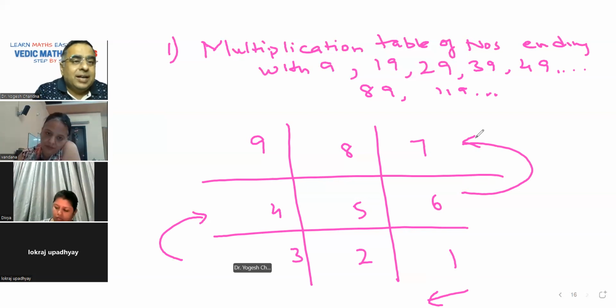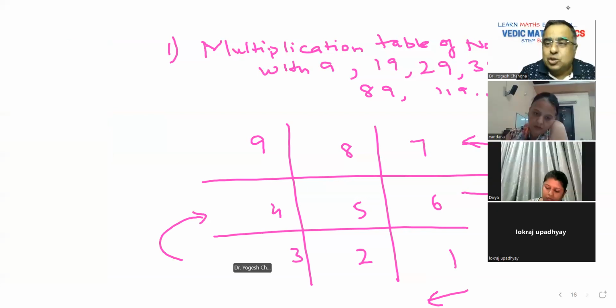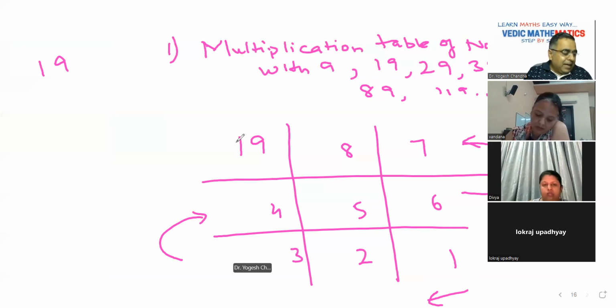Now, we will apply the first sutra here. Now, let's say we have to write a table of 19. So very first thing, complete 19 here. Done up till here? Now, the sutra is Ekadhikena Purvena, but where we have to implement on the number before 9.